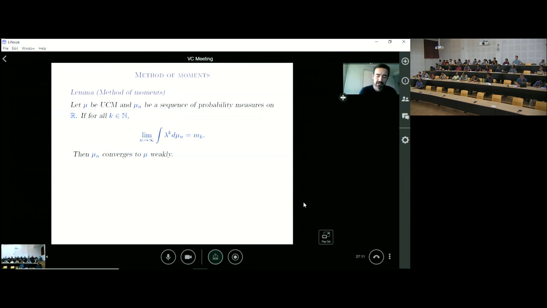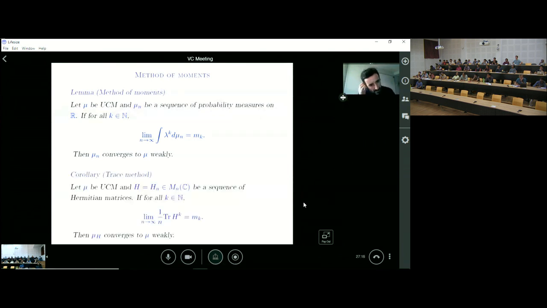It's not hard. And the consequence for us, in terms of random matrices, is what we can call the trace method.